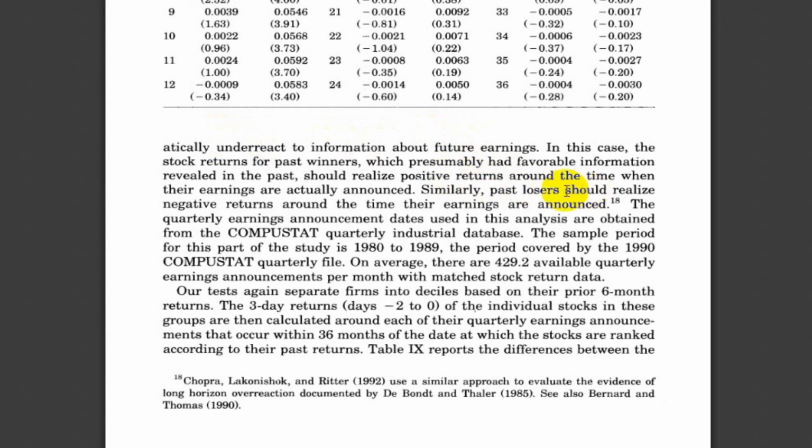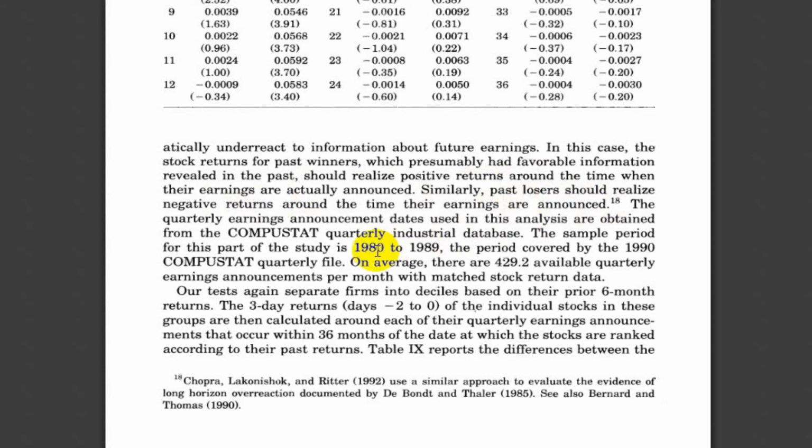And the opposite thing should happen for past losers, where investors had previously underreacted to how bad that is for the company, and so when the earnings are announced, the price would go down.